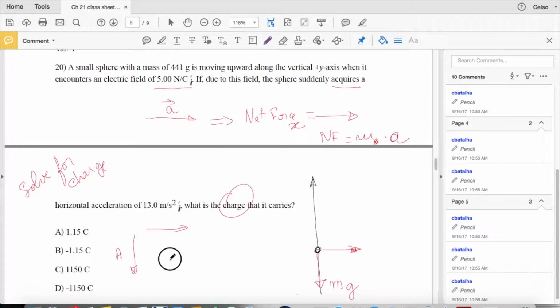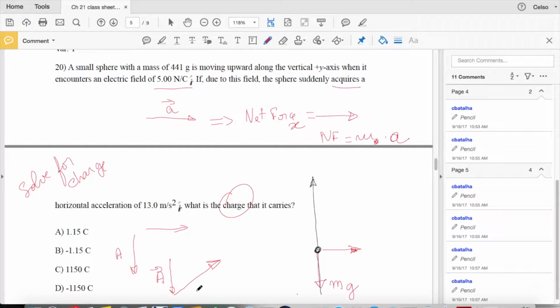If we have a vector like this, and a b vector in that direction, then the resultant vector, given by adding the tail of the first vector to the head of the second vector, is the resultant, and it could be horizontal.